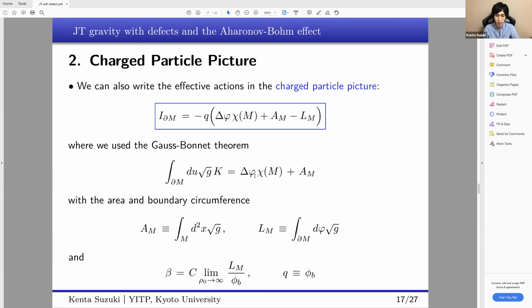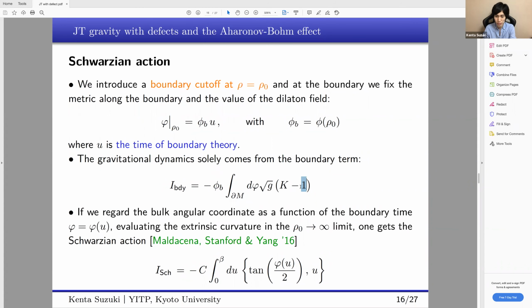Delta phi is the periodicity of this angular coordinate phi. Plus, the Gauss-Bonnet theorem gives this area contribution. So area is defined by this two-dimensional volume integral. And we had also this -1 contribution here.